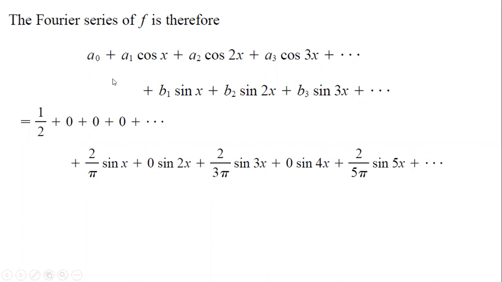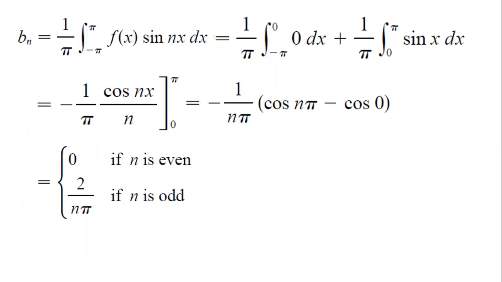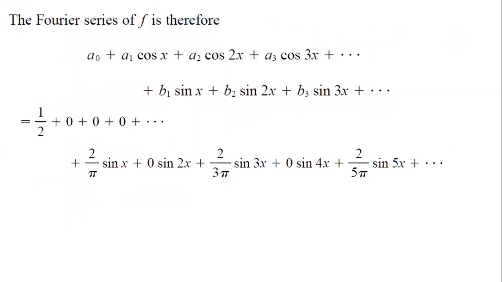Then for b sub n, we have this condition: if n is odd, starting with the first value of n, which is 1, an odd number, we have a fixed value of 2 over pi for the value of b sub 1. So 2 over pi, then sine x, then plus.